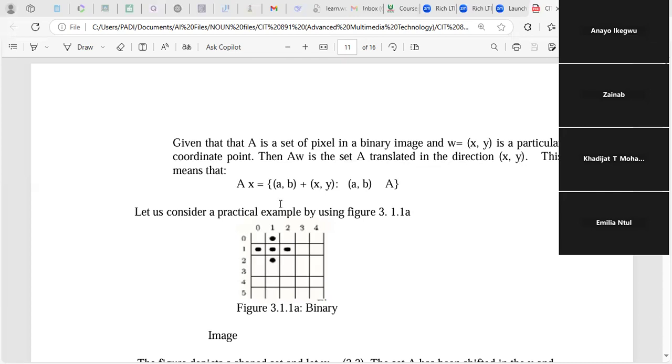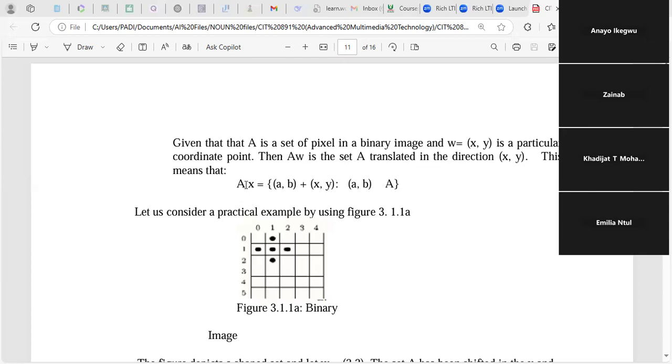This direction is giving us that A plus x, a set of pixel x coordinates, may give us, let's say, a set of A, B, plus another set of coordinates x and y, such that A, B is a subset of A, which is a set of pixels.